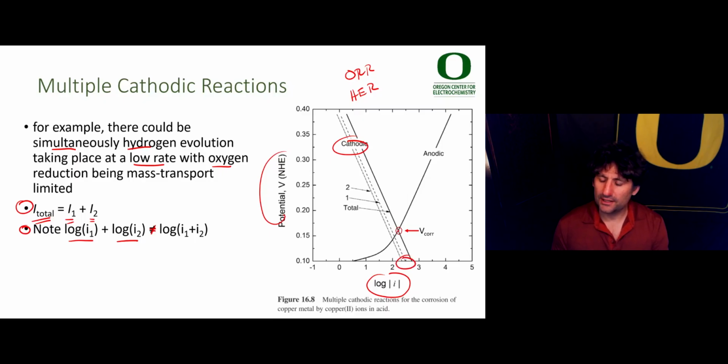The crossing point is now determined by the total cathodic current, and where the total cathodic current curve crosses the anodic current curve, such that the total current is 0, that gives us the corrosion potential, the steady state potential determined by the rates of both reactions and how they balance.